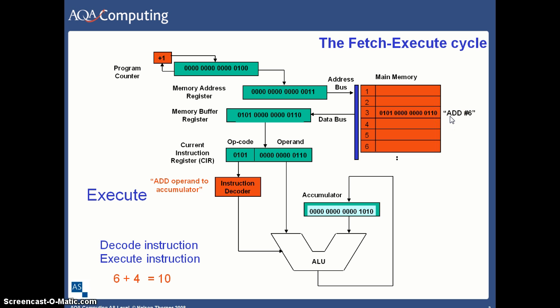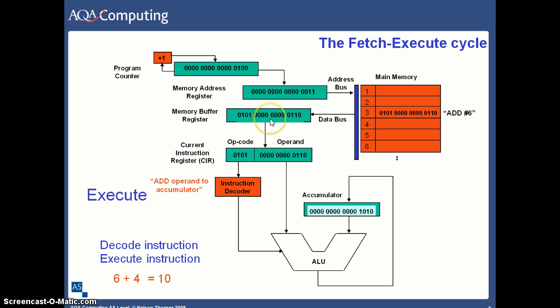What may happen next is a further instruction to store the contents of the accumulator. Again, the same process will happen. The program counter has got 4, so the contents of the program counter get assigned to the memory address register. The program counter is incremented by 1. The contents of the addressed memory location is transferred along the data bus to the memory buffer register.